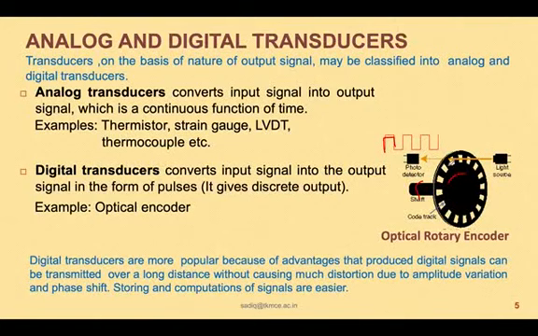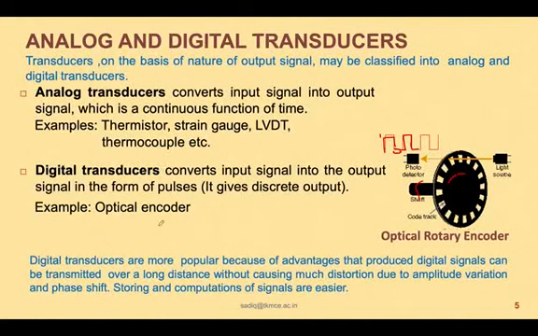When there is an opaque region, there is no light, so there is no output. So whenever there is an opening, there is an output. Whenever there is no opening, there is no output. So the output obtained from such an arrangement becomes digitized, either 1 or 0. Such an output is called a discrete output. An optical encoder is an example of a digital transducer.